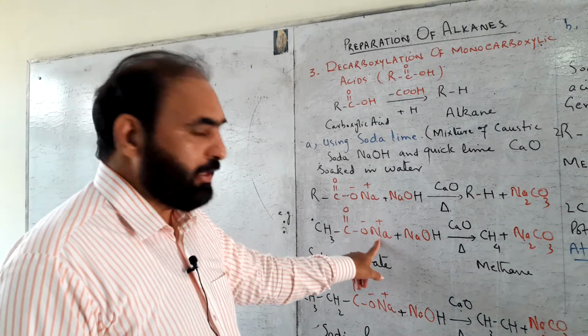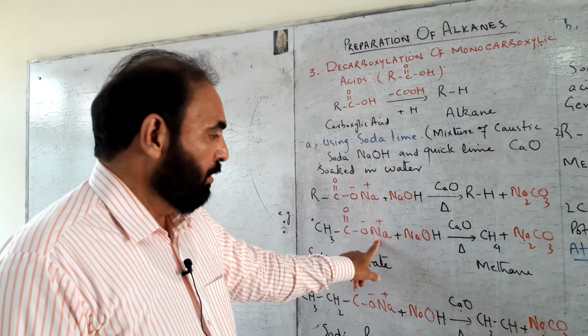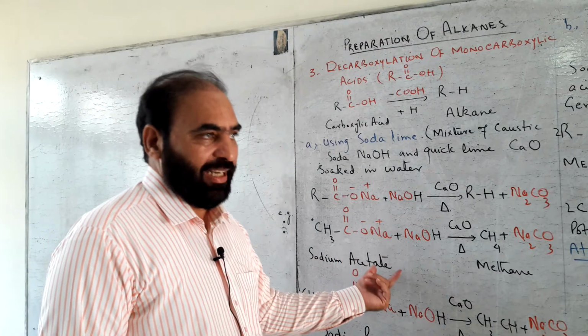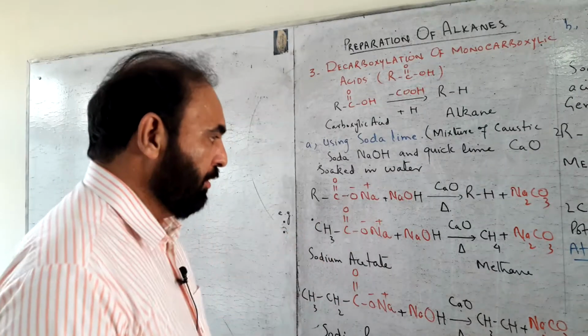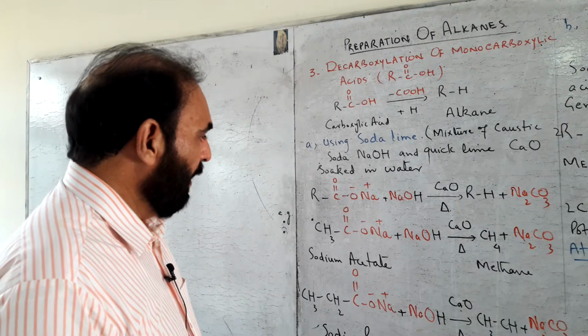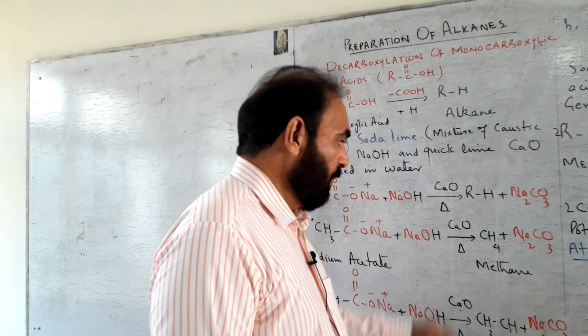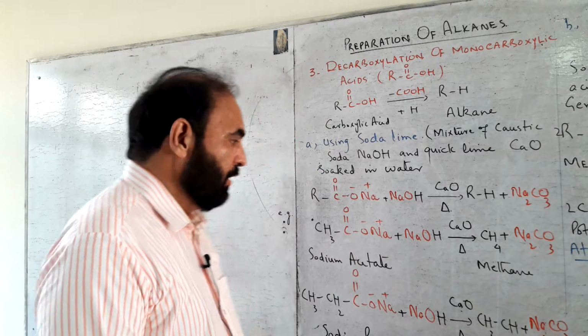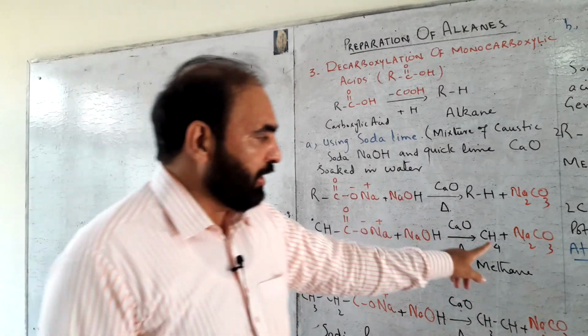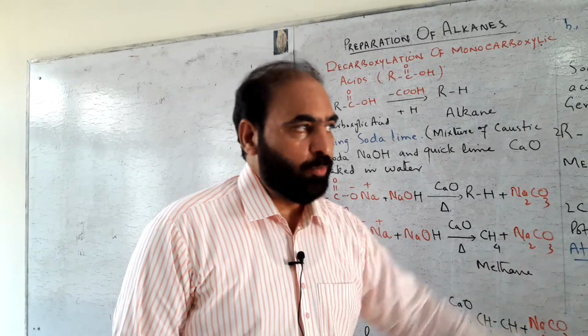And when hydrogen is replaced by sodium ion, it is called sodium acetate. When the sodium salt of acetic acid is treated with sodium hydroxide, we get methane. CH3 is changed to CH4. Sodium carbonate is the byproduct.